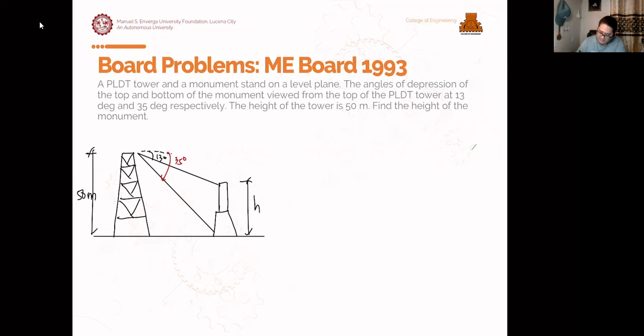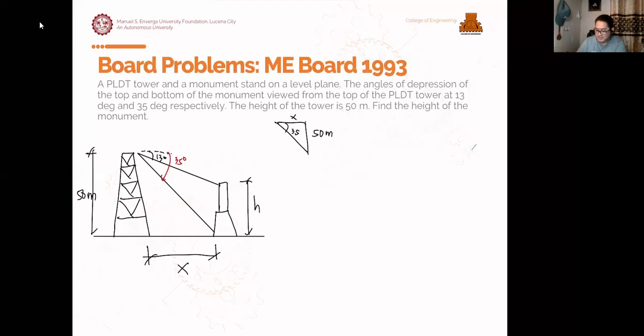Okay? So siguro same solution tayo kanina, no? You have to identify muna yung distance ng tower papunta dun sa monument natin. Okay? And we can do that by considering tong triangle na to. So yung triangle na yon is equal sa yung height ng tower. And then yung depression natin from the bottom is 35. Then ito yung x natin.